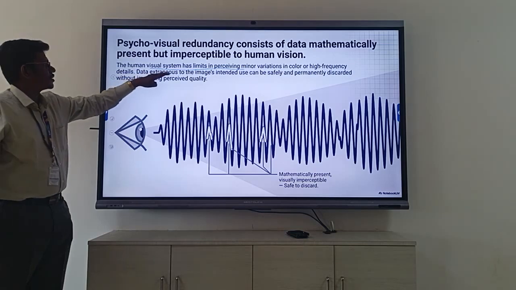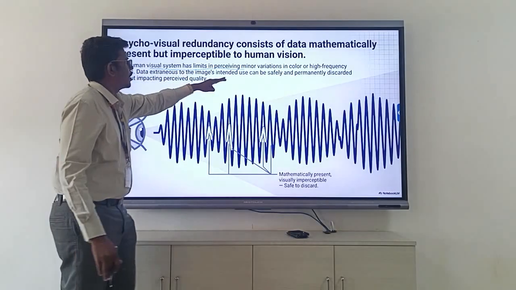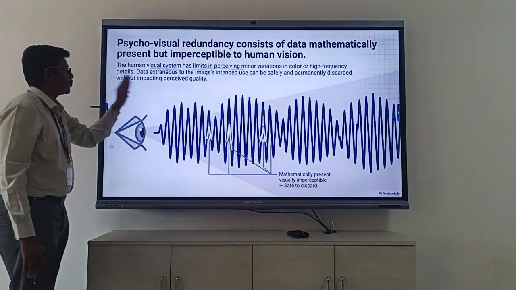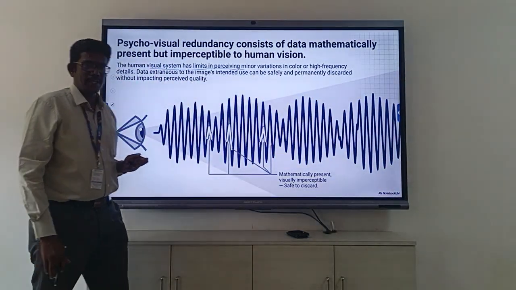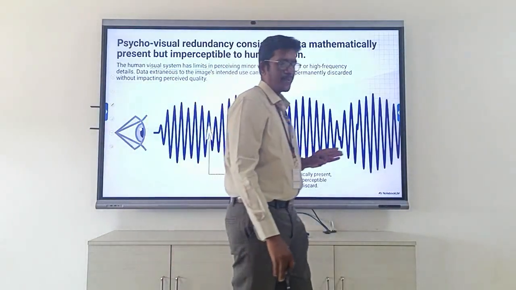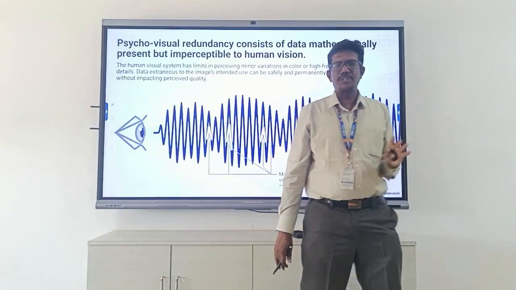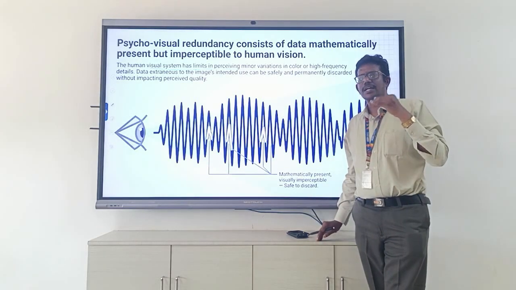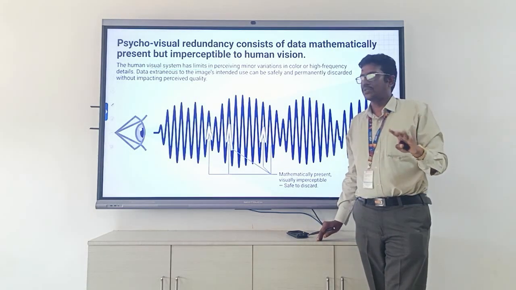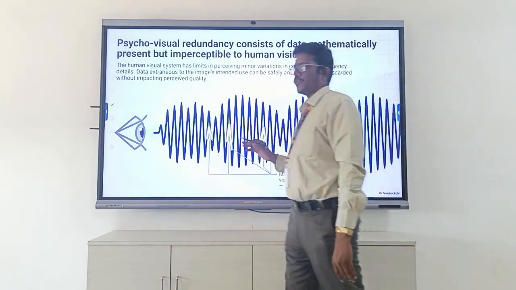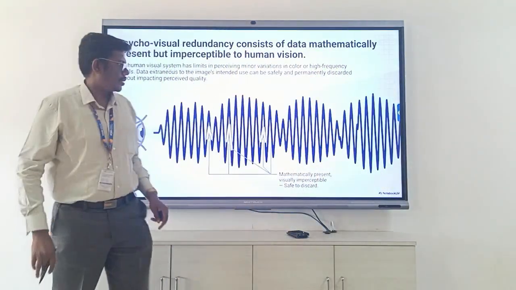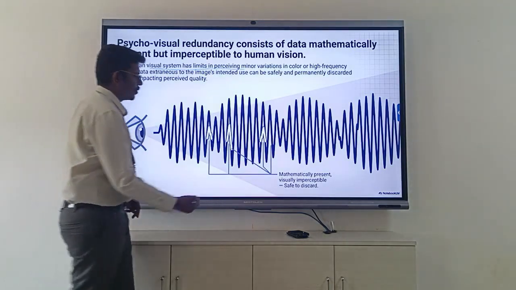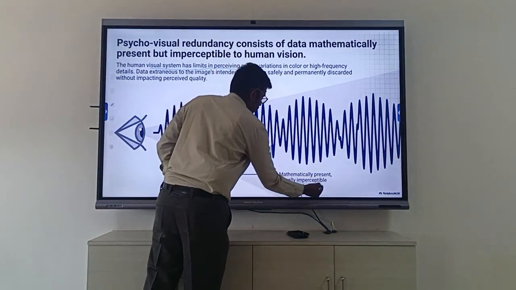The data the image contains can be safely and permanently discarded without impacting perceived quality. Depending upon the human perception of the data, it will be either compressed or removed through the psycho-visual redundancy removal. These are mathematically present but visually perceptible safe to discard.